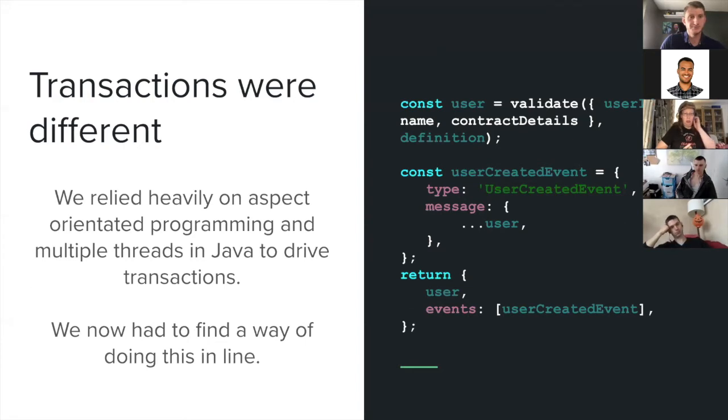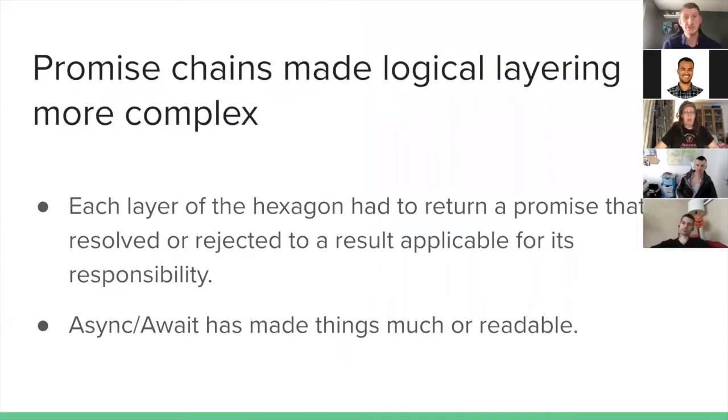Transactions changed. And promise chains, if anyone has used Node, then they might know that promise chains can be a real nightmare, certainly if they get out of hand. So in keeping with the sentiment that each layer has its own logical concerns, promise chains made this much more difficult, mostly because of their syntax and because of their asynchronous nature, which was different to what we were dealing with in Java.